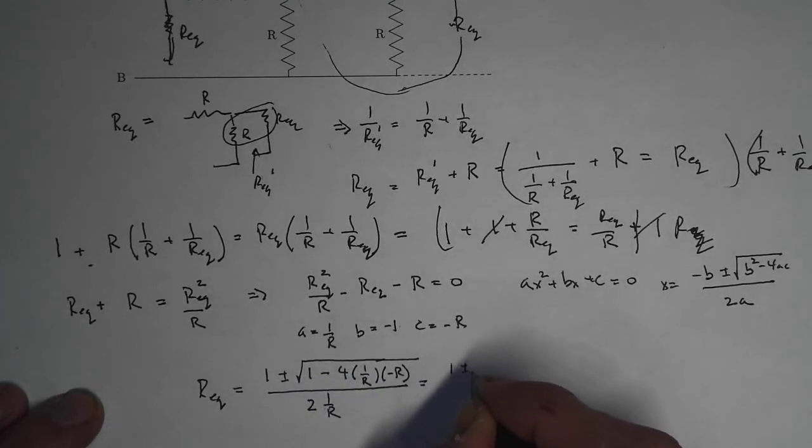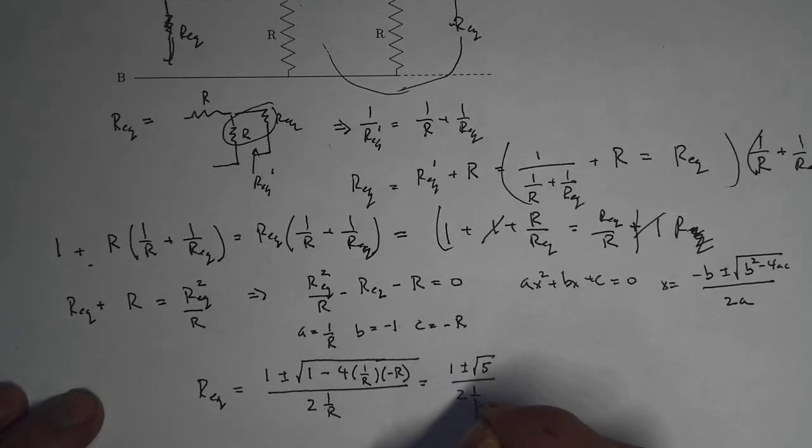So it'll be 1 plus or minus the square root of 5, divided by 2 over R.